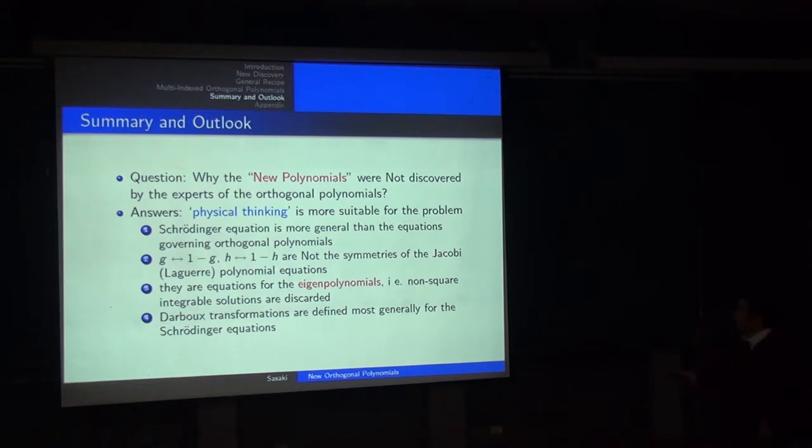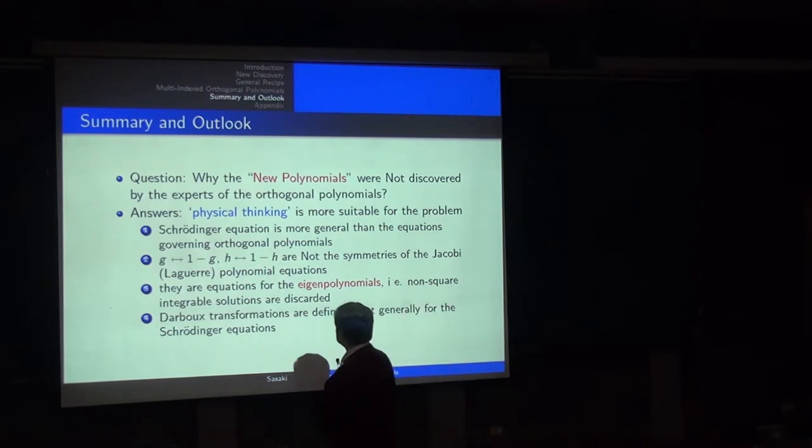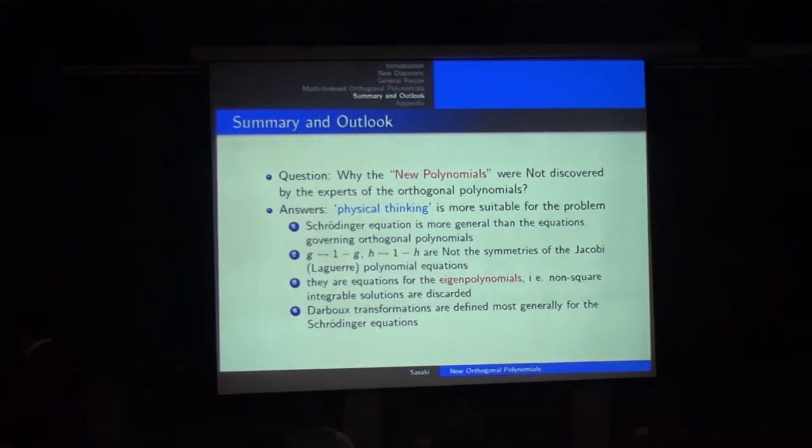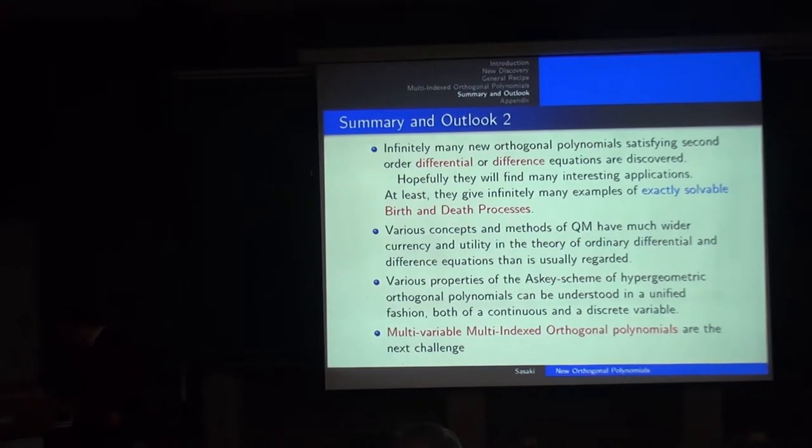These are non-square-integrable solutions. So when you concentrate on the equations of these polynomials, you do not see such symmetries, and it's not so easy to deform them. And again, the Darboux transformations are defined most generally for these Schrödinger equations, not for the hypergeometric equations or Jacobi polynomial equations.